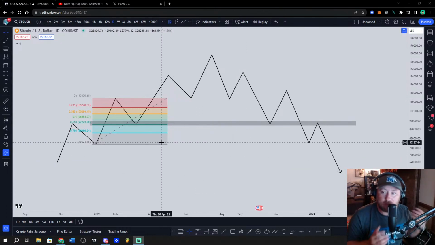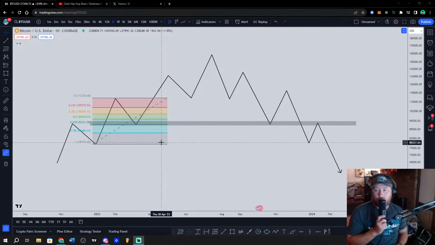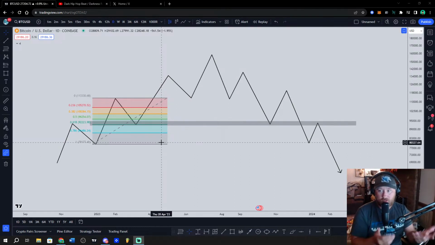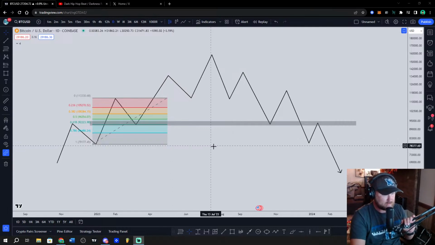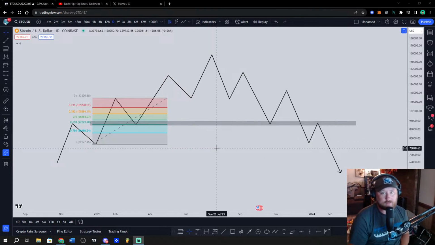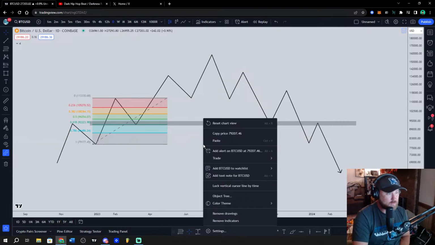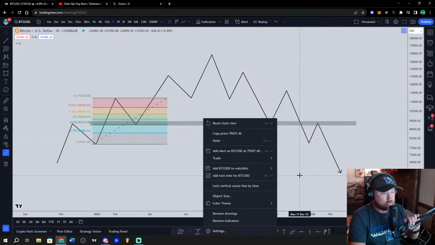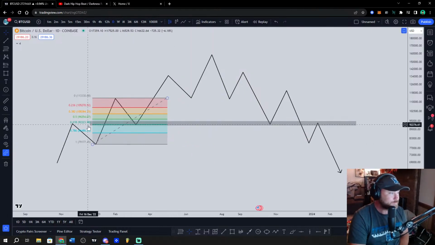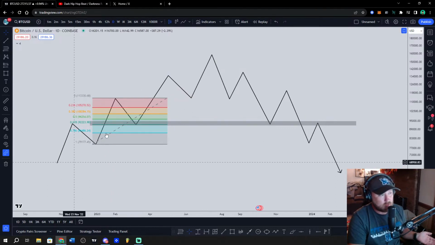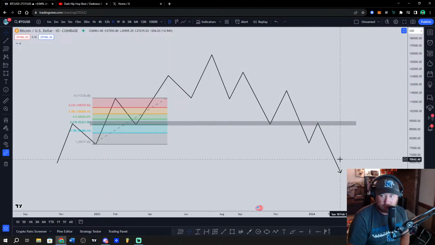As you can see on the screen, I already have up what we are going to be looking at today. First, let me point out the black line here. Here's your market structure.